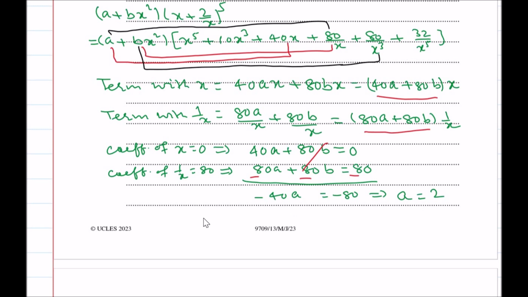Suppose I am putting this in equation number 1. So 40a, that is 40 into 2, plus 80b equal to 0. This implies that 80b equal to minus 80. This implies that b equal to minus 1. So the answer is a equal to 2, b equal to minus 1.